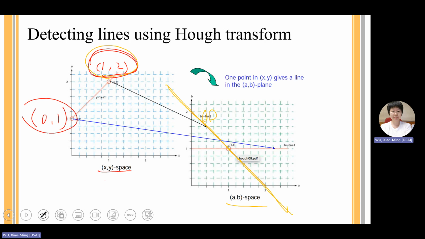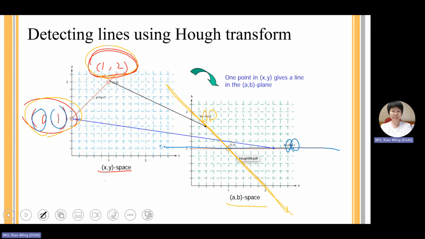And similarly, this point 0, 1 will give another line in the AB space with slope 0 and intercept 1.